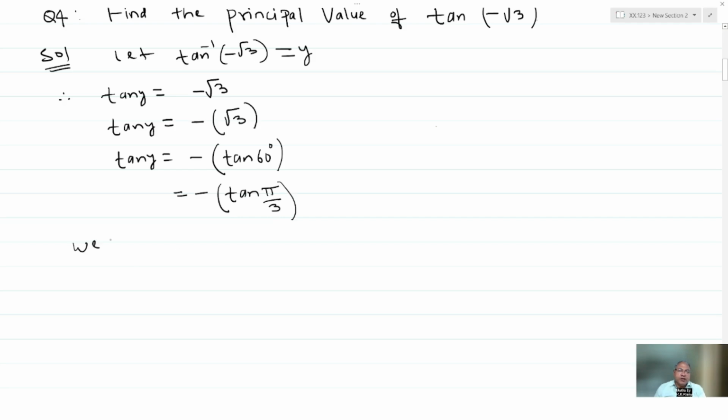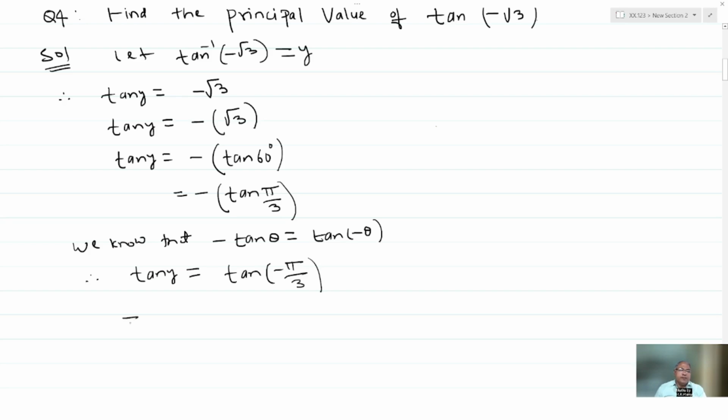And we know that minus tan theta equals tan of minus theta. Therefore tan y equals tan of minus pi by 3, which implies y equals minus pi by 3.